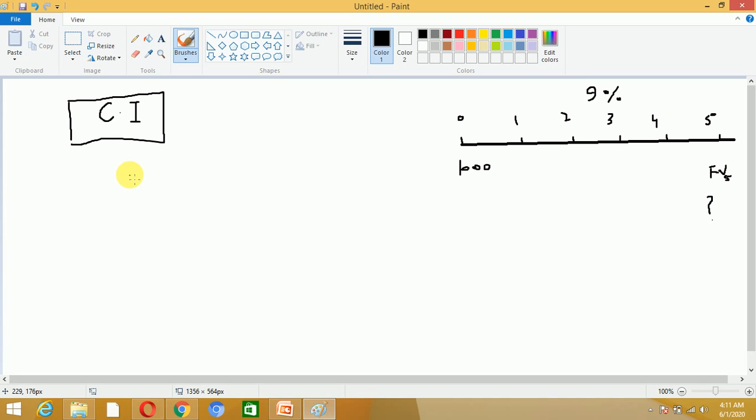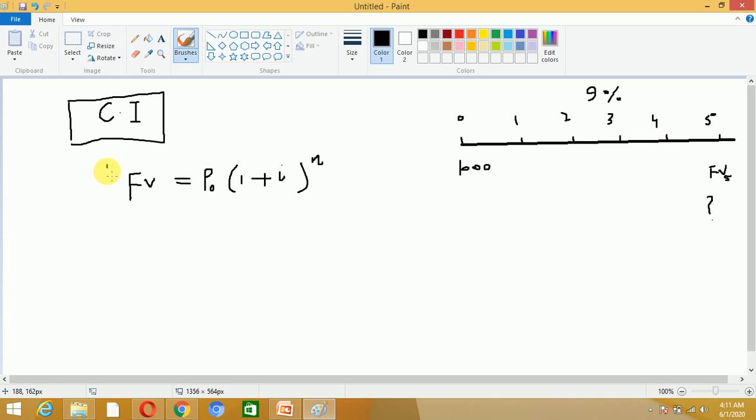What is the formula? First I'm writing the formula. Future value is equal to present value times 1 plus i, raised to the power n.